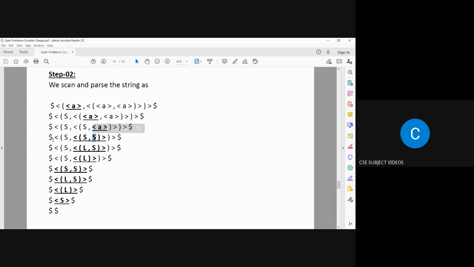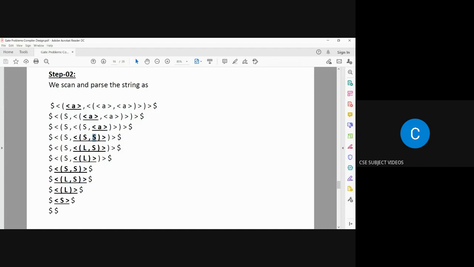So dollar less than open bracket S comma less than open bracket S comma S close bracket greater than close bracket greater than dollar. With this, we have to check whether any other reduction will happen or not.